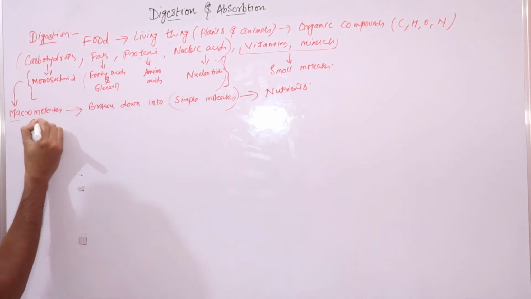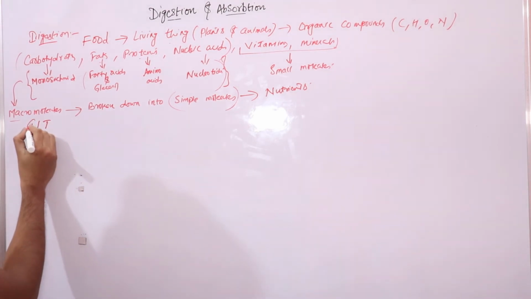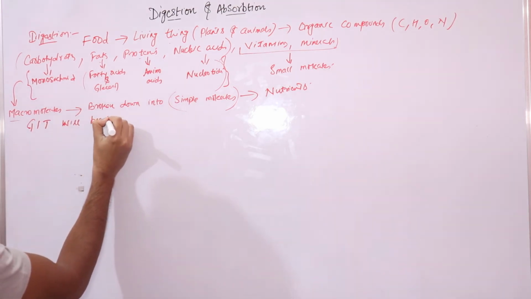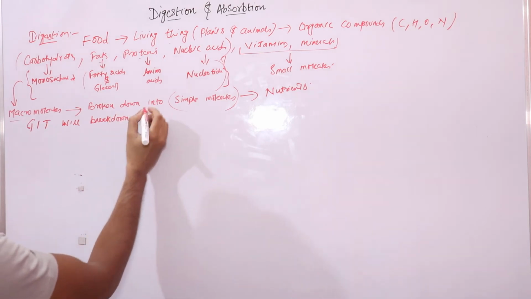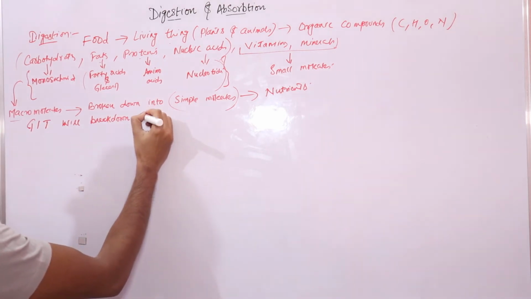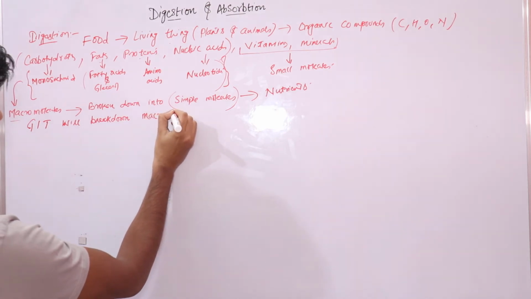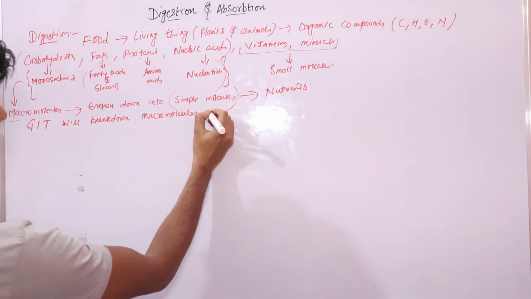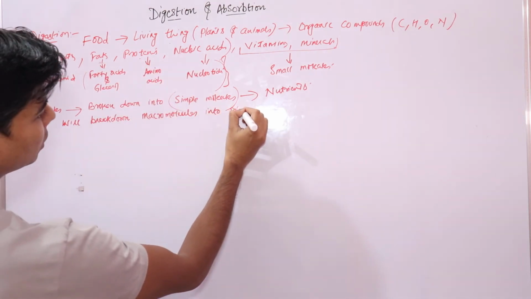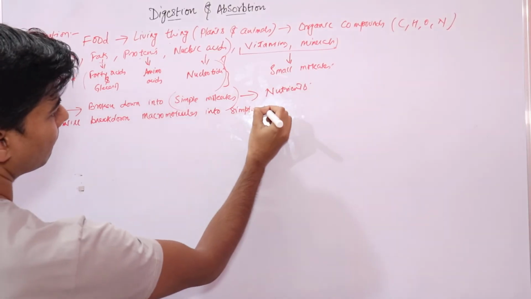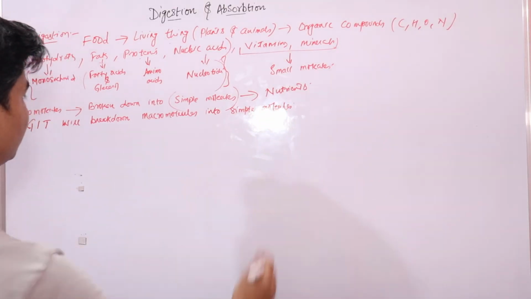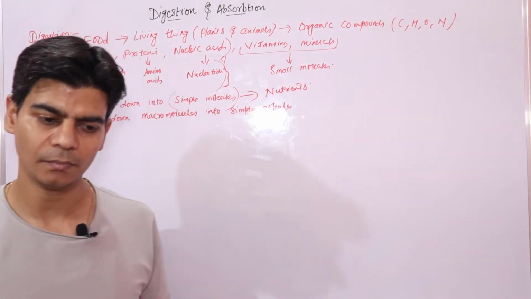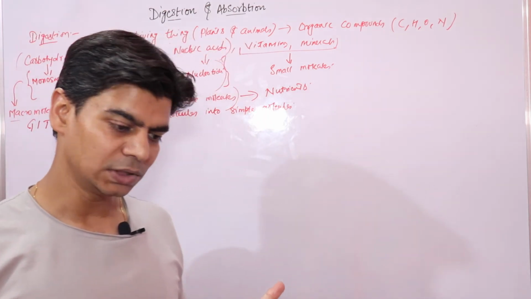So the GI tract will break down macromolecules, which are carbohydrates, fats, proteins, into simple molecules. How does it happen?